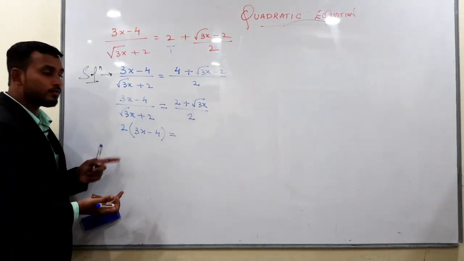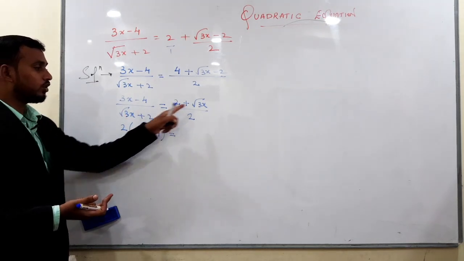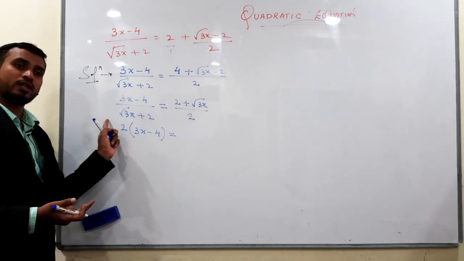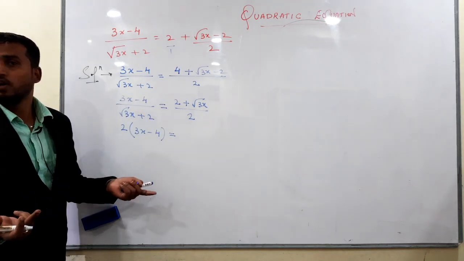Both are one and the same. Here we can see first is root 3x plus 2. If you want, this also you can write as 2 plus root 3x or root 3x plus 2. Both are one and the same.